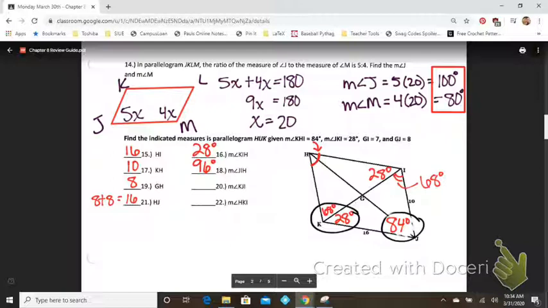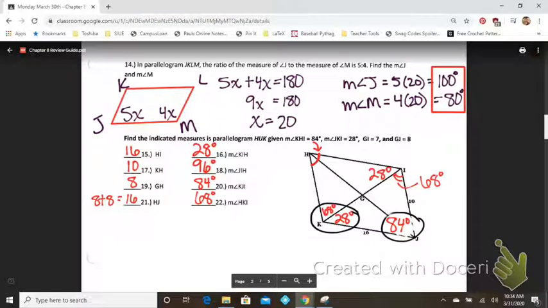Angle KJI, well, we already labeled that one 84 degrees because it's opposite the big angle at H. So 84 degrees. And HKI, that's one of the ones that we had labeled while we were going through this as being 68 degrees.